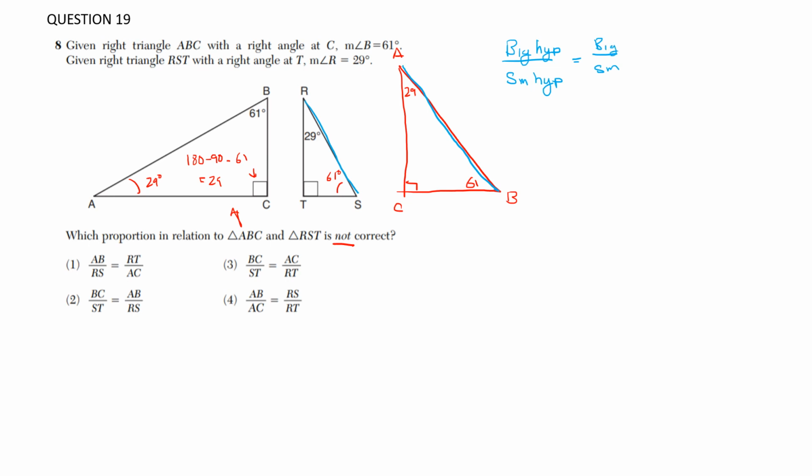In this case, we get RT, which is the small, over AC, which is the big. So this proportion doesn't follow, right? You can't compare the big to the small and then the small to the big on the other side of the equation. That doesn't balance out. So that tells us that 1 is incorrect, and that is our right answer. And if we were to look at the other answer choices, we'd figure out that they do agree with the proportions that are created when we have similar right triangles.